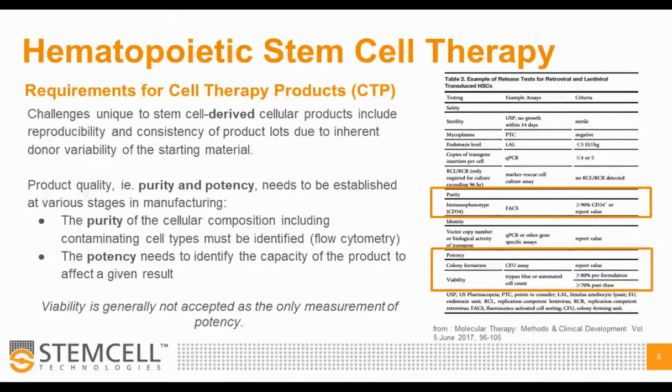The fact of the matter is, it depends on the treatment that you're doing and the manipulation that you're doing. So if you started with cells that had a high CFU frequency, then post-modification, you would expect that reporting the value, there would be a percentage that would be acceptable, like 80% or something. So these are key, important measurements that need to be confirmed before you can release products for therapy.